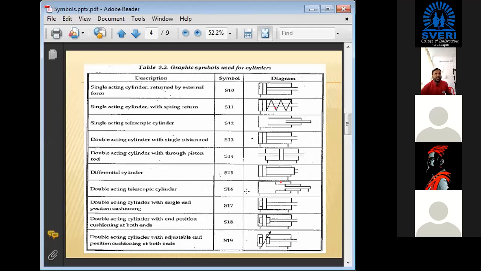Now see in this slide, I have mentioned the different graphical symbols used for representing the cylinder.